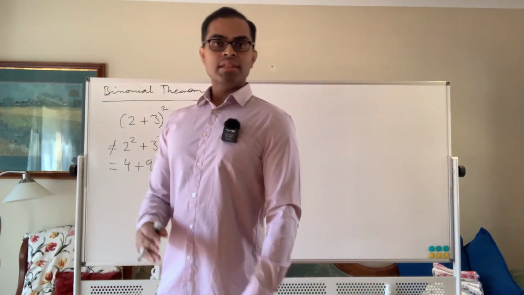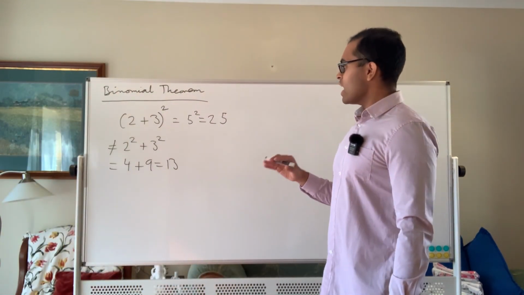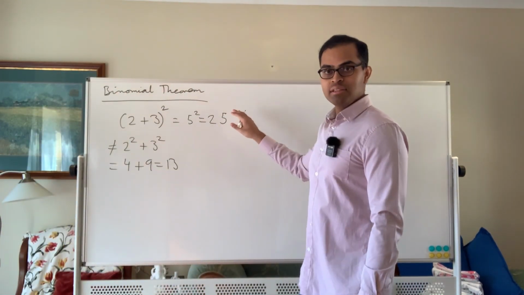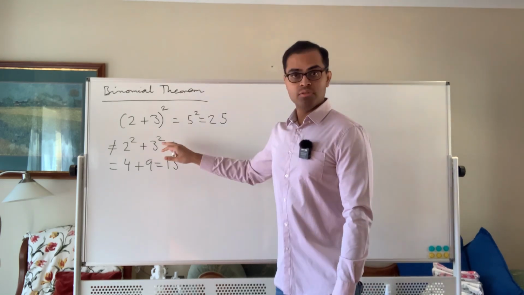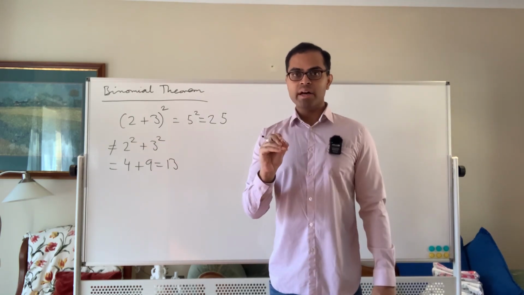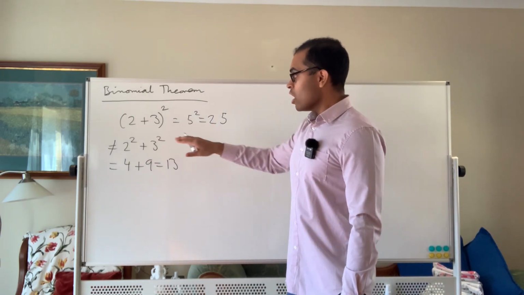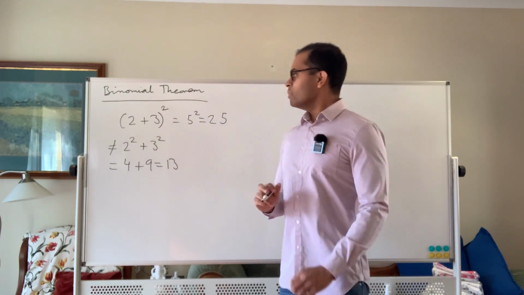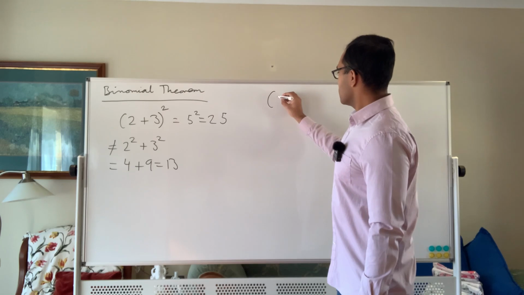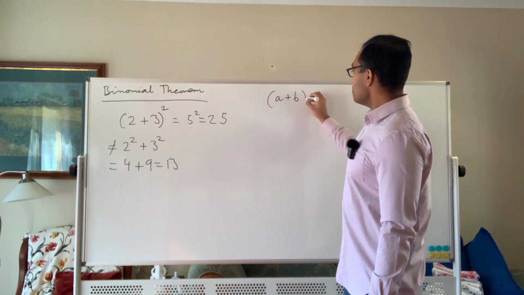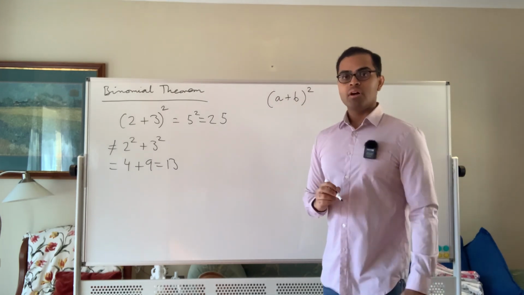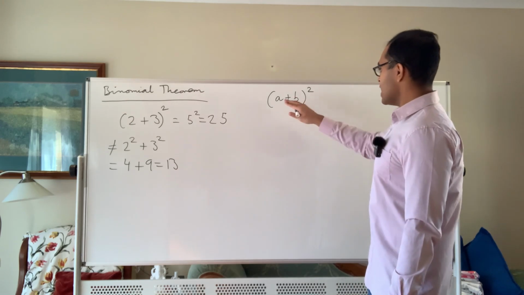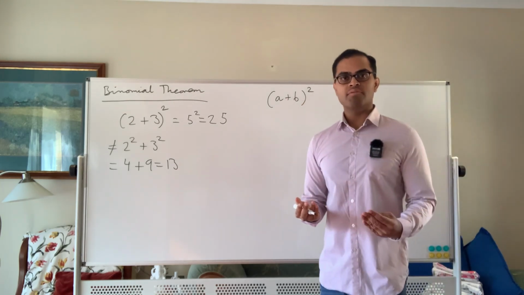Now, what the binomial theorem is trying to do is to understand how far the actual answer is from just adding up the two squares. So there's an extra number that we want to understand, not just in this case, but in all cases. Okay? So for example, I'm going to write down the following expression, a plus b, the whole squared. Here I have two numbers a and b. They can be anything, so I've denoted them by letters.